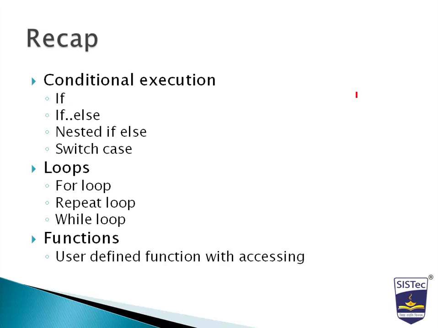After that, we discussed loops, three types: for loop, repeat loop, and while loop. And lastly, we discussed functions, where we covered user defined functions, how we can create them, how we access them, and how we can call them with the varieties of function with respect to their arguments.